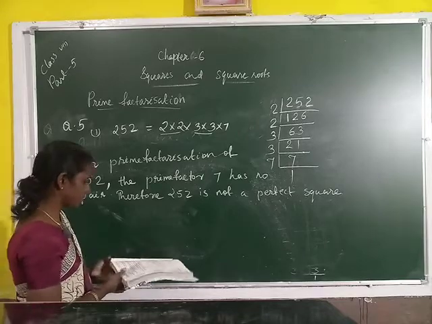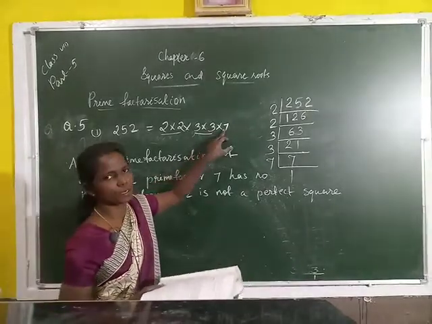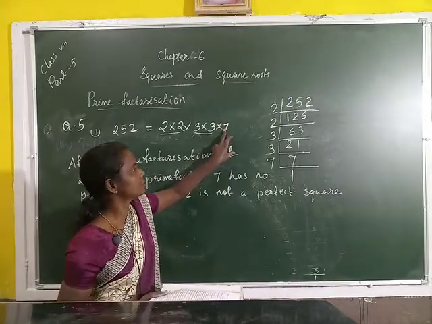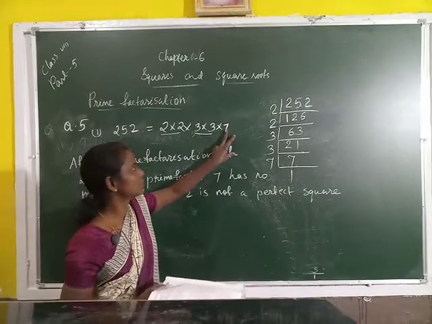Then next, if this number 7 gets a pair, the number will become a perfect square.